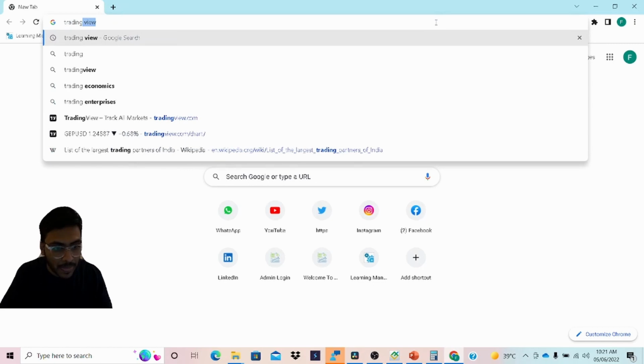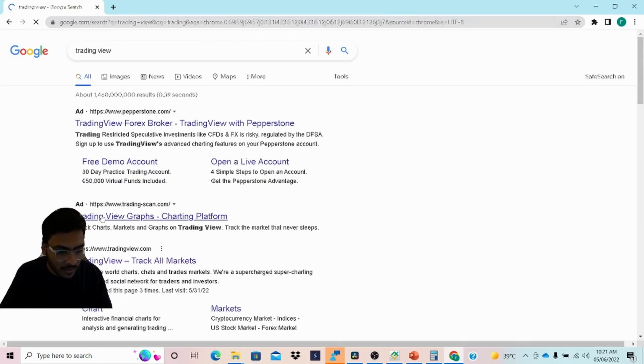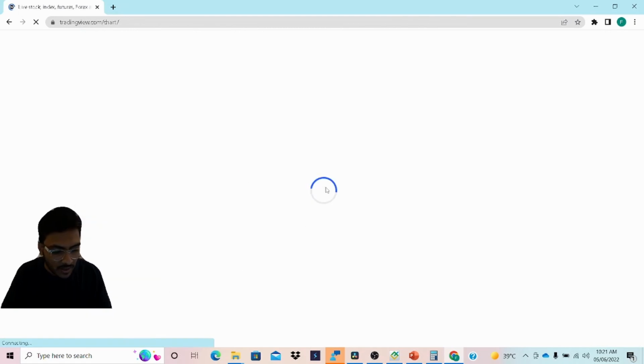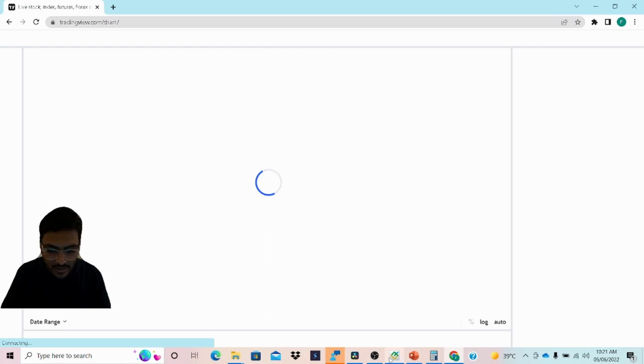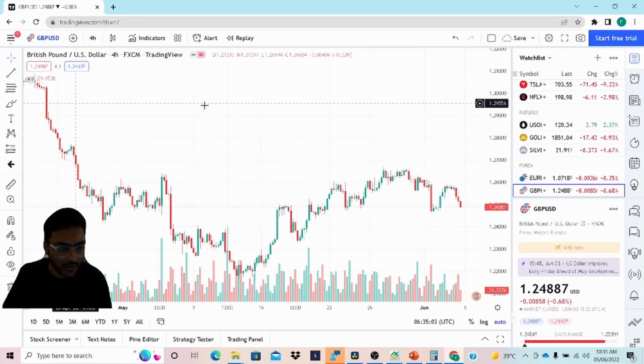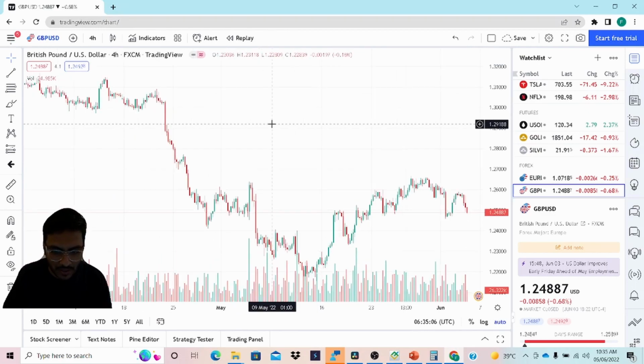Okay, so TradingView again. I mostly watch my charts using TradingView, and then I perform my trades using the MetaTrader platform. So I have a chart of GBP USD in front of me.